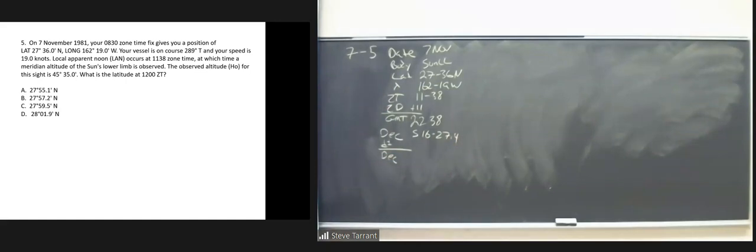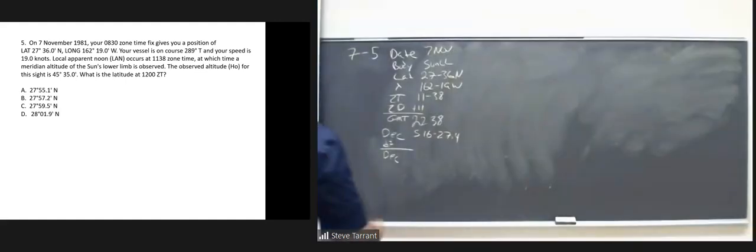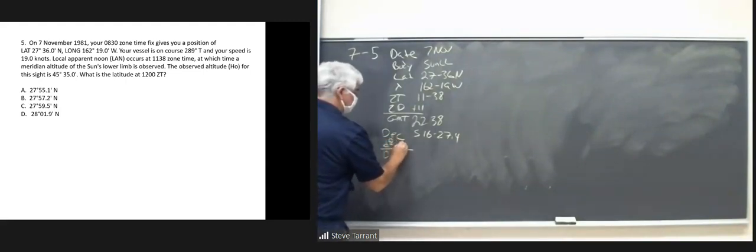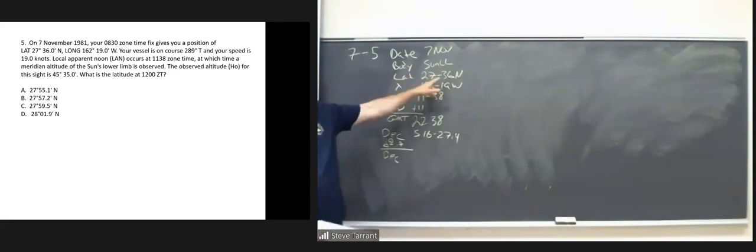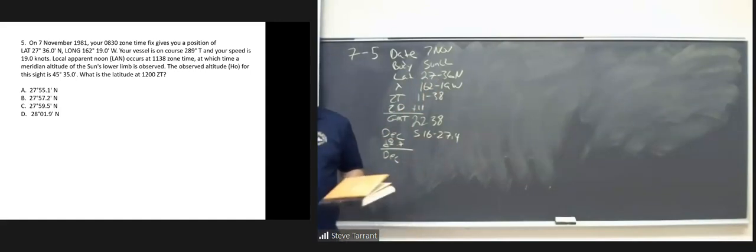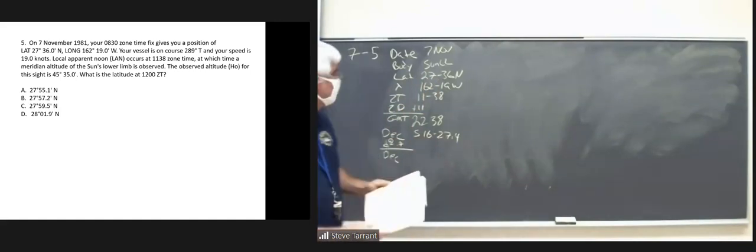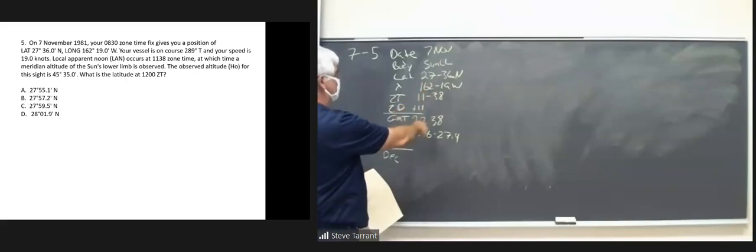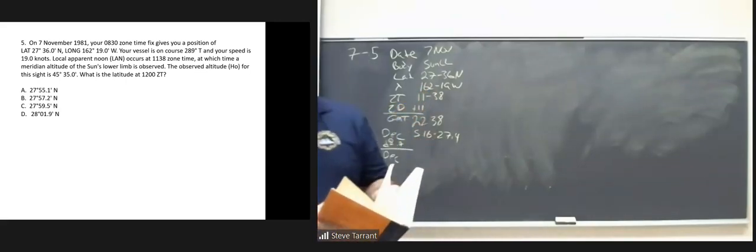What's the D factor for the sun? Okay, so I drop down here. The D factor is 0.7. Is it plus or minus? Plus. So it's plus 0.7. Okay, so this is 36 minutes, so it's going to be a little bit more than half of 0.7, so I think it's going to be 0.4. Anyway, you can do it in your head if you know how, but otherwise we go to 38 minutes and get the D factor for 38 minutes.